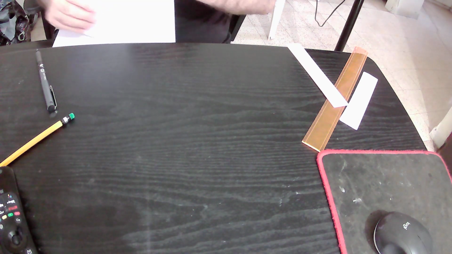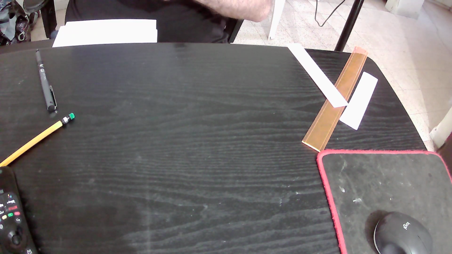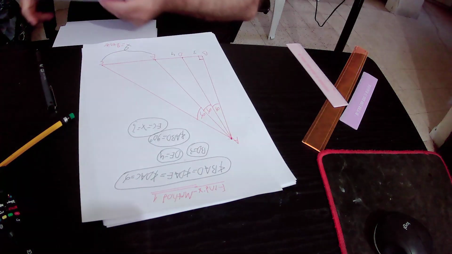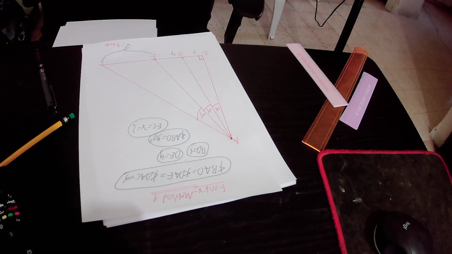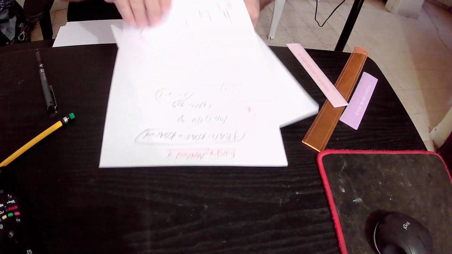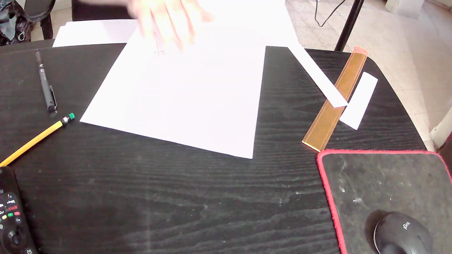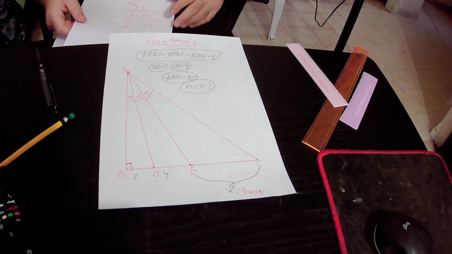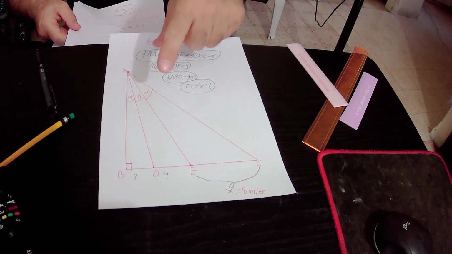Actually, we wanted to find out the value of x. We know that triangle ABC is a right triangle.